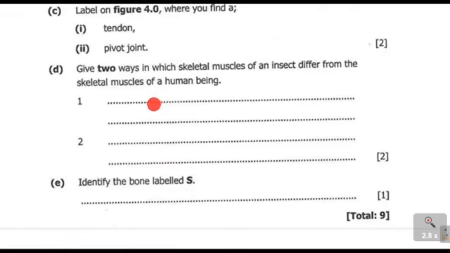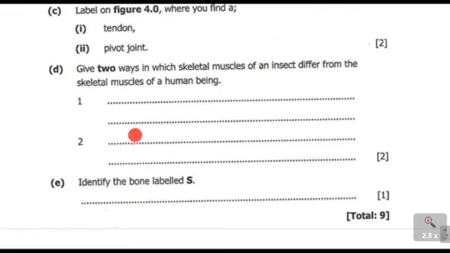So the first difference, we can say the skeletal muscles of an insect don't have tendons, while the skeletal muscles of a human being consist of tendons. That is the first difference.